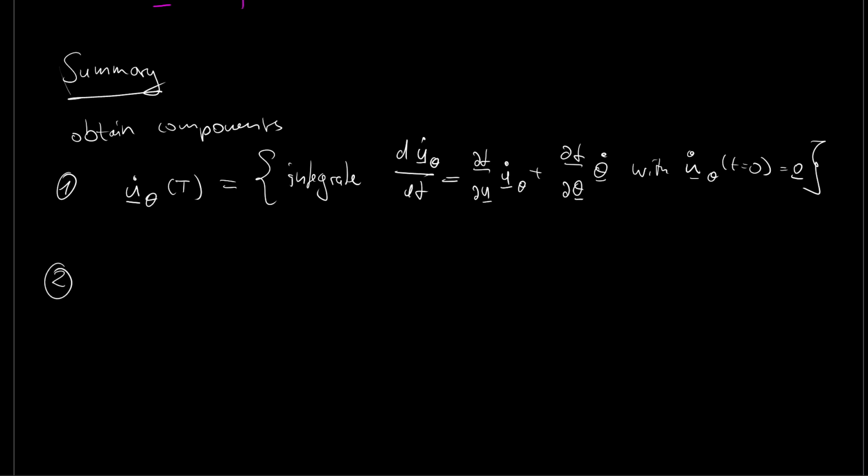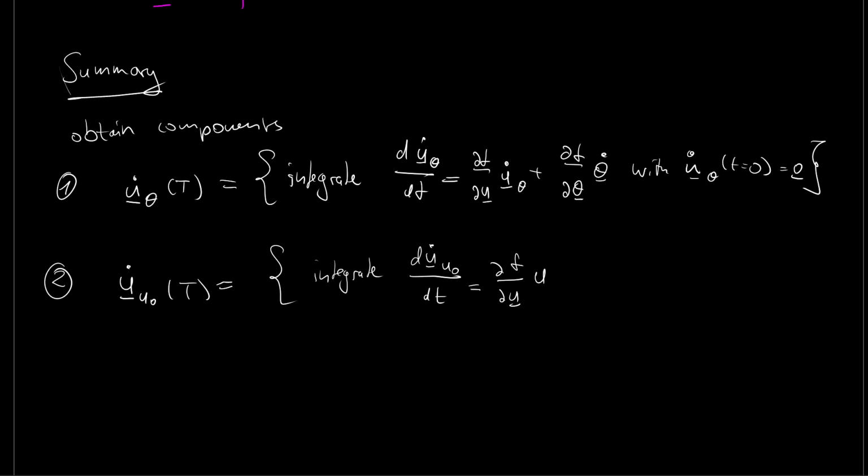Now we have the second contribution. This is the tangent contribution from the initial condition at the final time. And this will be the integration of d u u0 with respect to t, which is equal to the Jacobian with respect to u, so the same Jacobian, multiplied with u u0, with the initial condition this time being non-zero, so it will be the tangent on the initial condition.